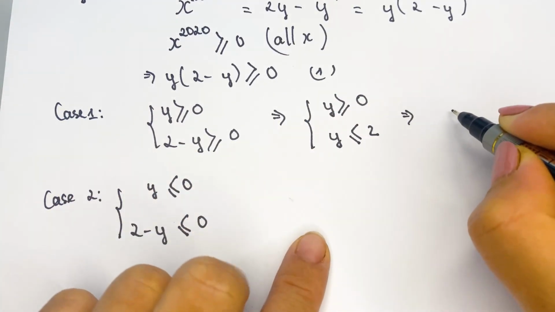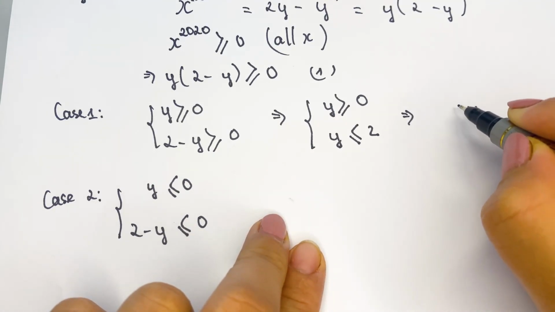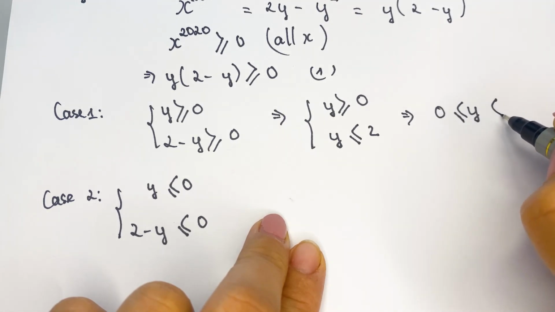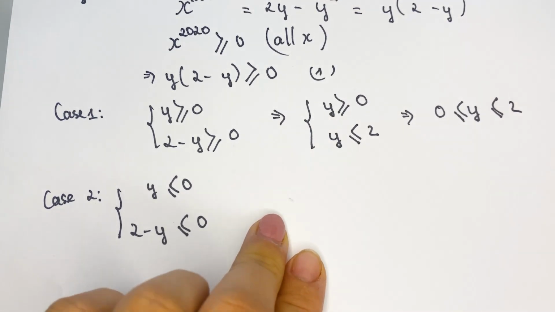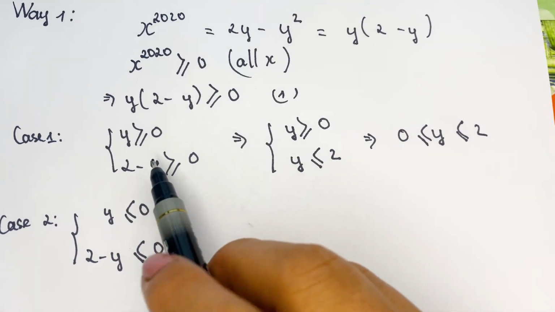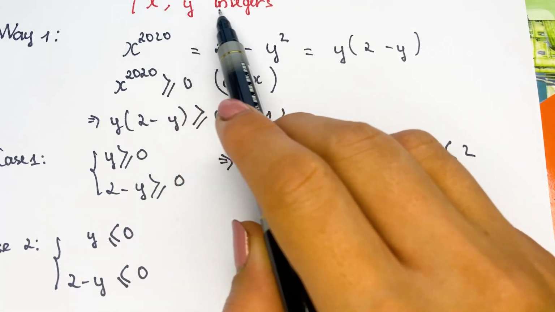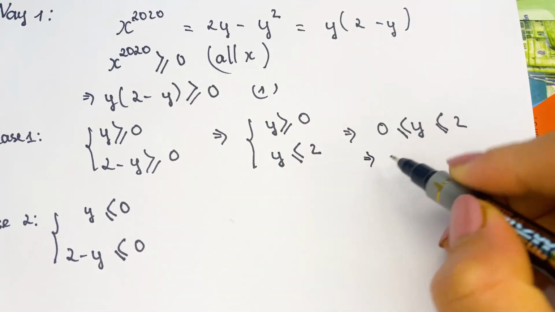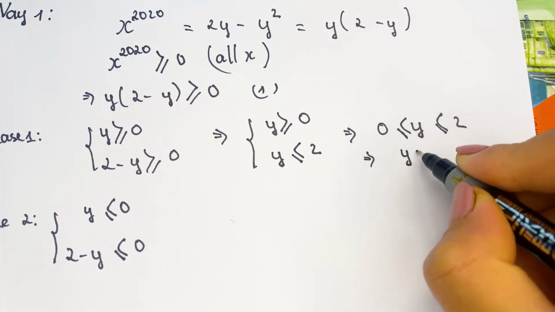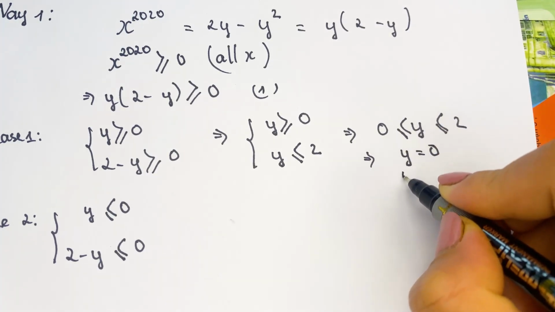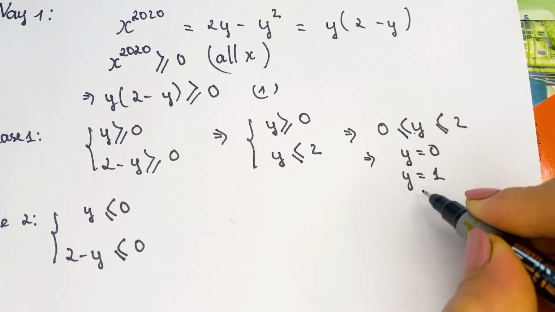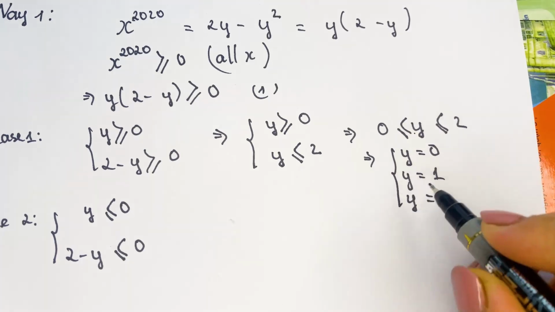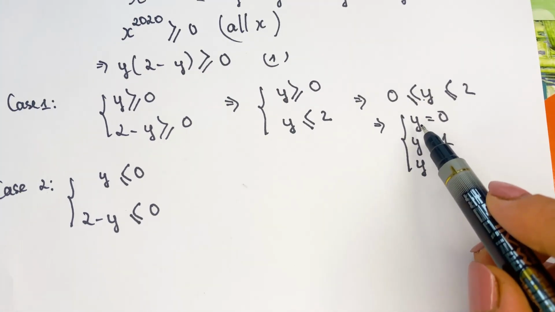So therefore y is greater than or equal to 0 and smaller than or equal to 2. For case number 1, because x and y are integers, we have some values of y: y equals 0, y equals 1 and y equals 2. We have three cases of y, yes?